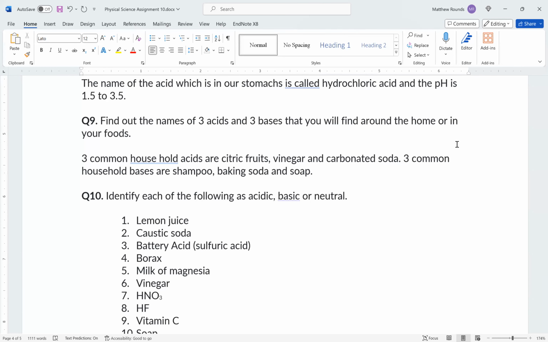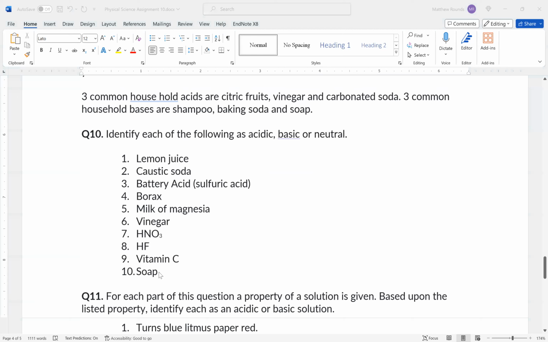All right. The next grouping of questions here is really just a lookup. Some of them you might have an intuition about. What do you think lemon juice is, for example? Lemon juice is acidic because lemons are very sour.